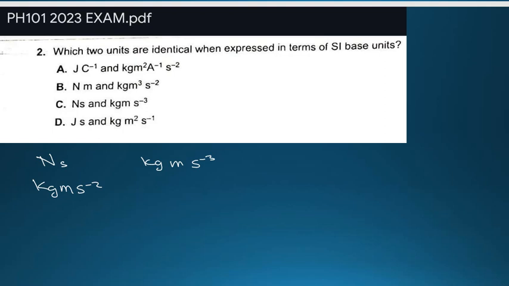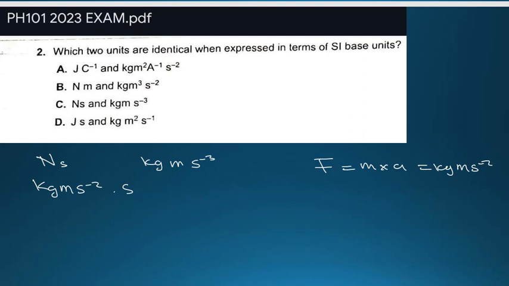What about seconds? Seconds we have s. What you need to know, guys, is where I am getting the units of force: mass times acceleration, where our mass is in kg and acceleration is meters per second squared, as usual.